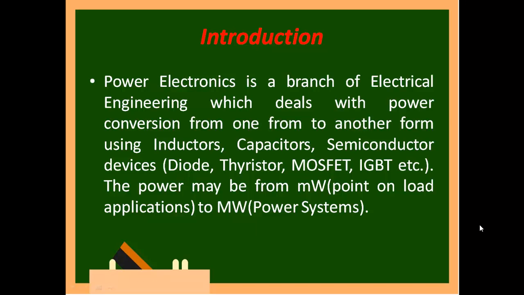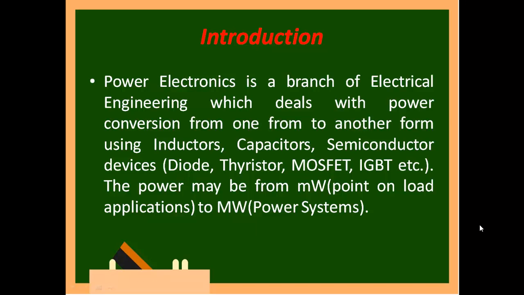You might have studied a paper called electron devices, in which you studied various devices. Those devices we will use, and the power can range from milliwatt to megawatt with the help of power electronics semiconductor devices. That is why the word power electronics came into the picture: electronics with a high power rating.